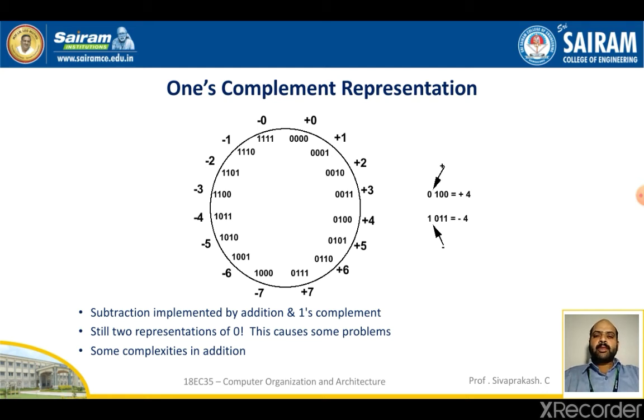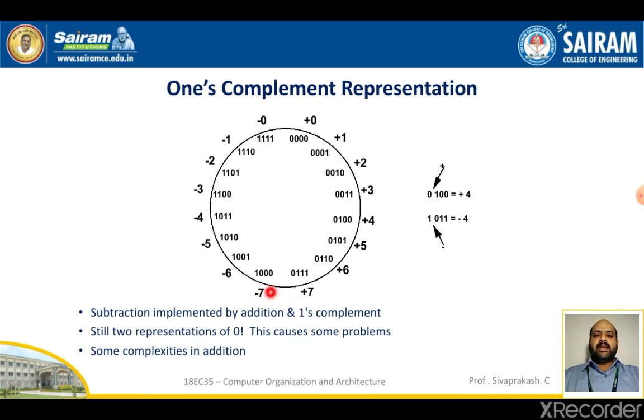Okay, the ones complement representation uses the same values, though with different terminology. Here we have the same plus 0, plus 1, plus 2, plus 3, plus 4, plus 5, plus 6, plus 7, up to this point the same as the sign and magnitude representation.